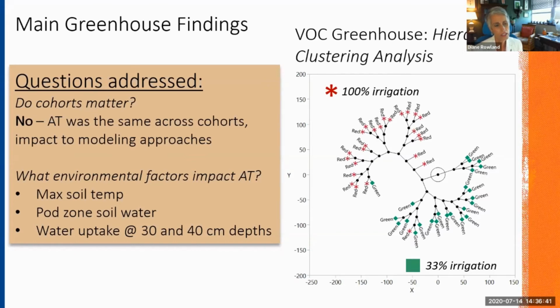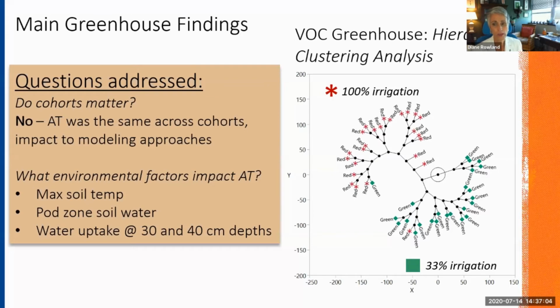This is key because I think it lends itself to a breeding effort for resistance in cultivars, that maybe it's important that we look at root system architectures and function, and maybe having a root system that's able to access certain depths of water, especially during drought events, adds to aflatoxin resistance.